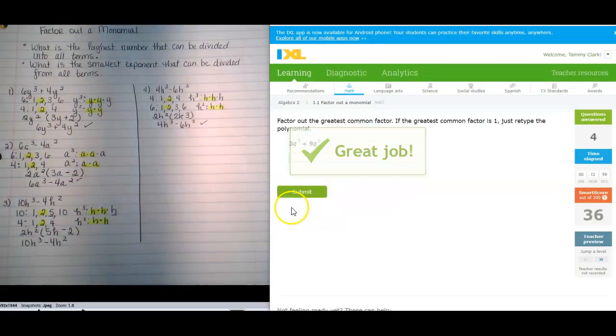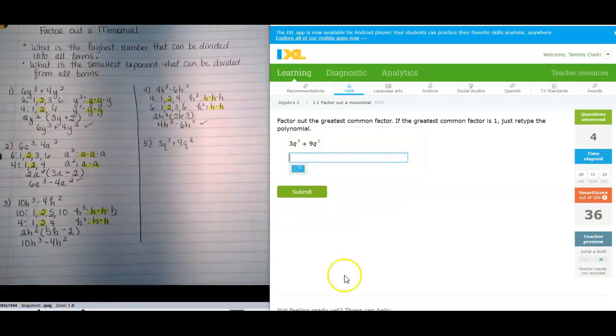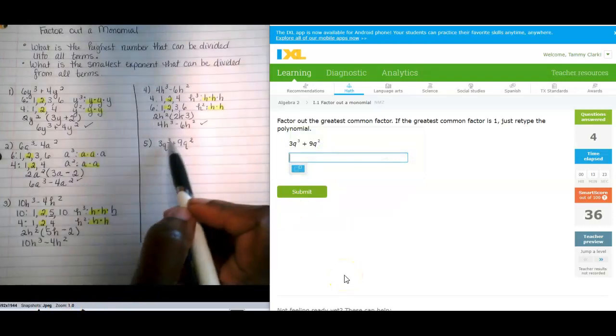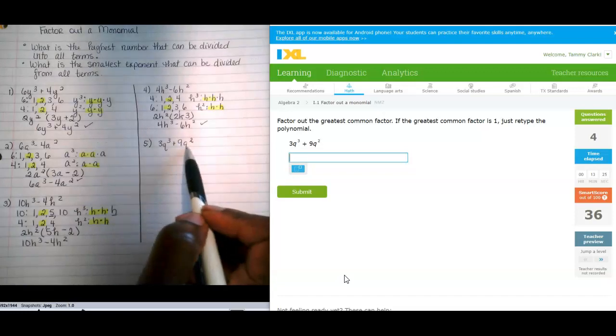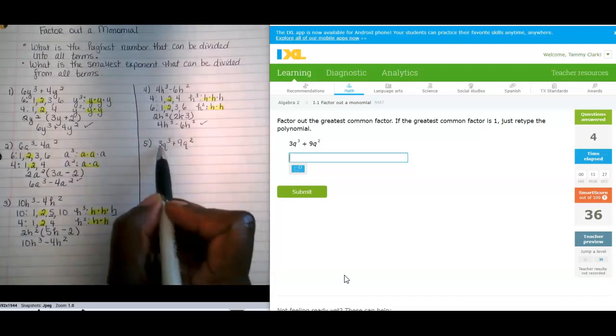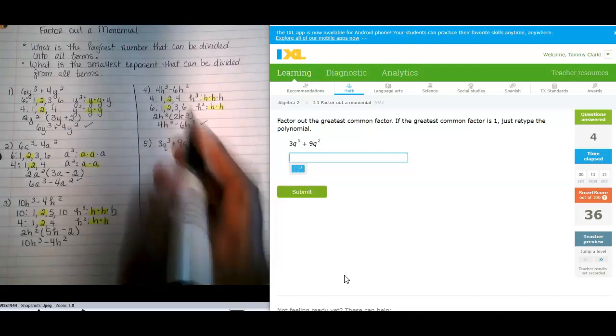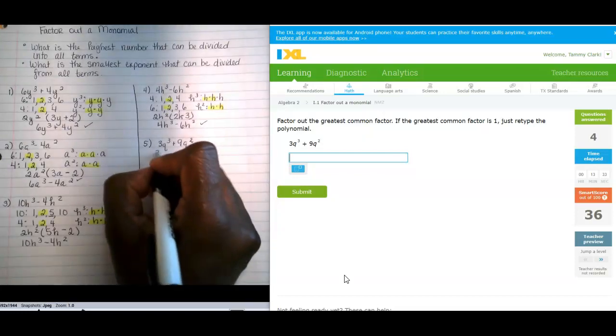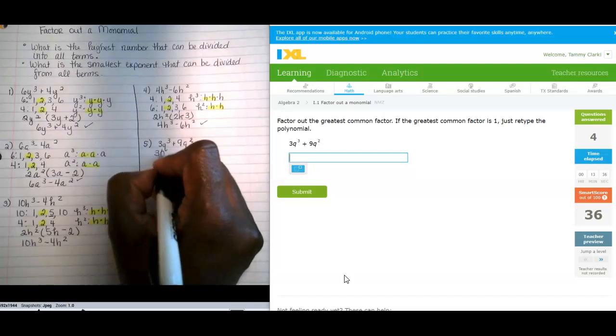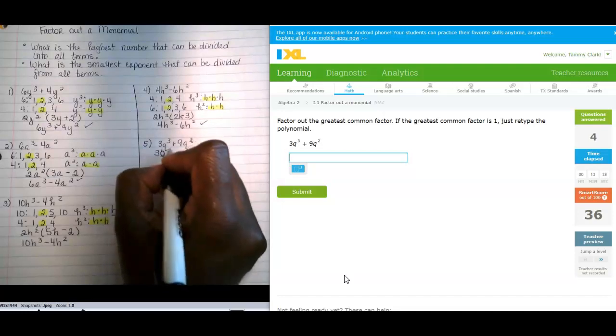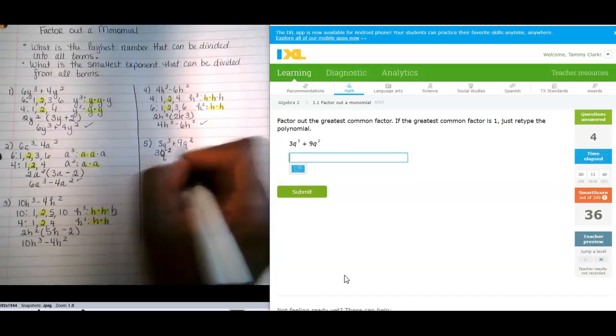All right. Let's continue on. We have 3q cubed plus 9q squared. So we know that 3 times 1 is 3, and 3 times 3 is 9. So the largest factor would be 3. The smallest exponent is q squared.